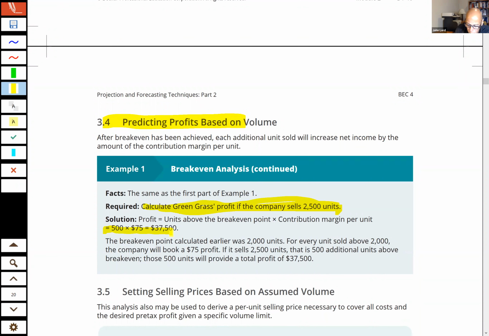So if you had a break even of 2,000, and the question says, what if they sell 2,500, what will be the profit? You just take the amount over the break-even units, multiply that by the contribution margin, and that's going to go towards profit, because at 2,000 units we would have already covered our fixed cost.